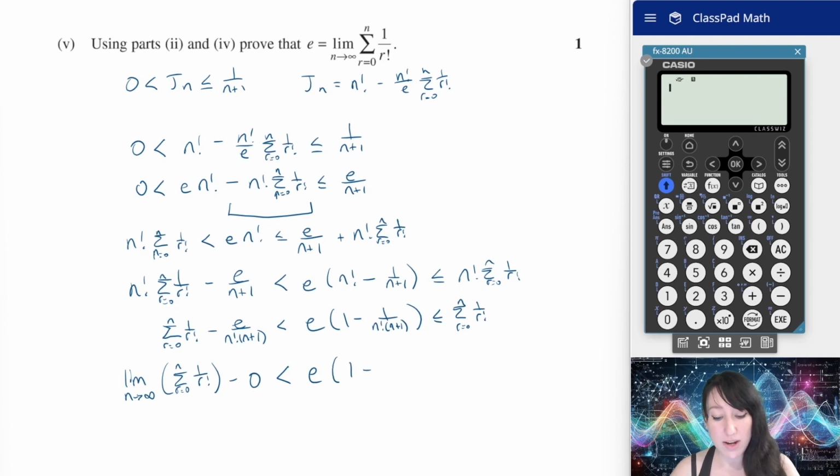As n goes to infinity, 1 over n factorial times n plus 1 will go to 0. So e is between the limits as n goes to infinity of that summation. It is both greater than or equal to it and less than or equal to it, which means e has to be equal then to that limit.